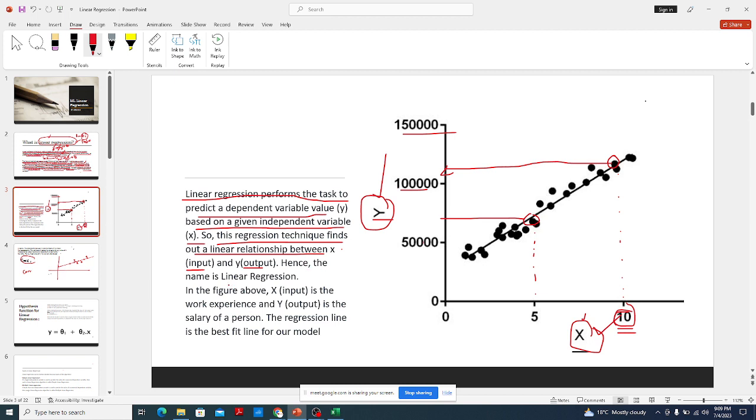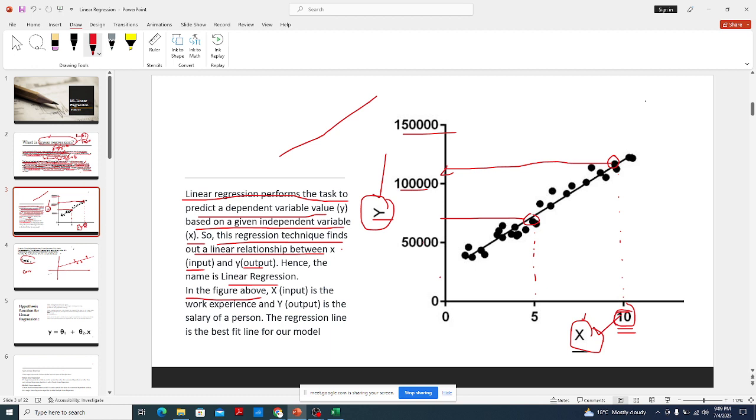Hence the name linear regression, because they are trying to find a linear relationship between these two variables.